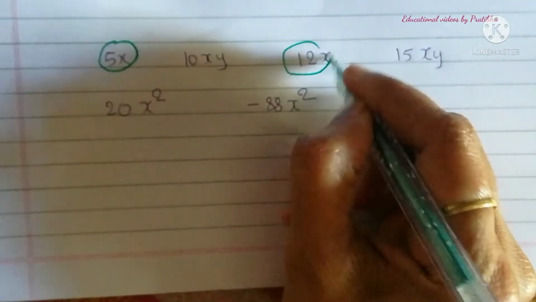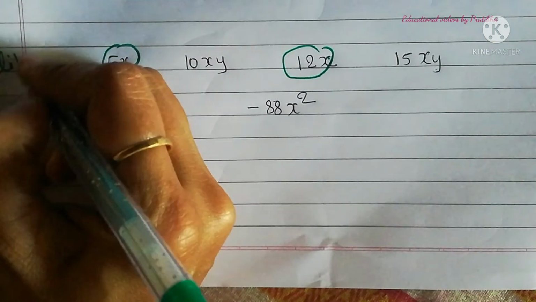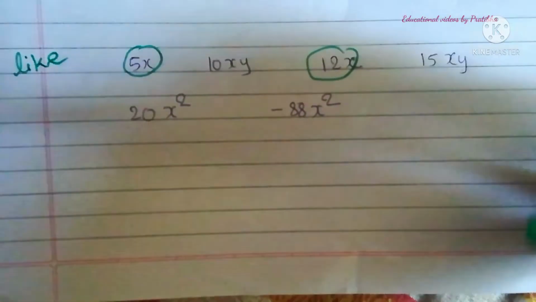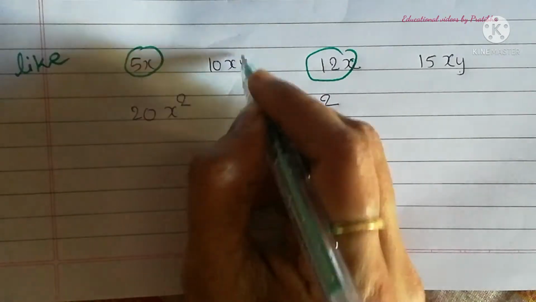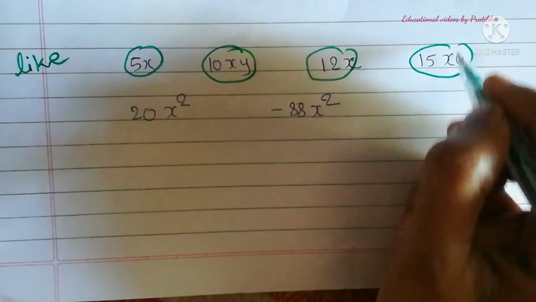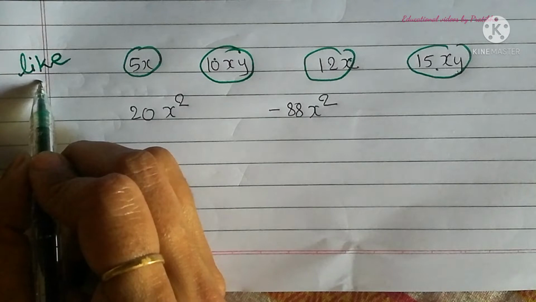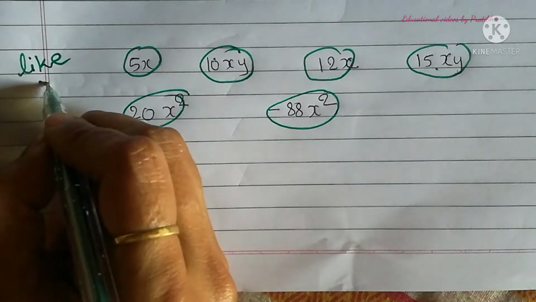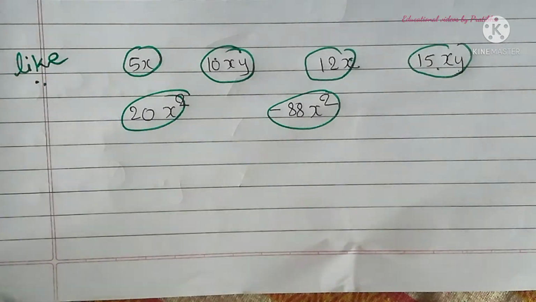Now let's see which pairs are like terms. 5x and 12x. These are like terms because here the coefficients are different, variables are the same. Then 10xy and 15xy. Here also variables are the same, so they are like terms. And 20x square and minus 88x square are also like terms.